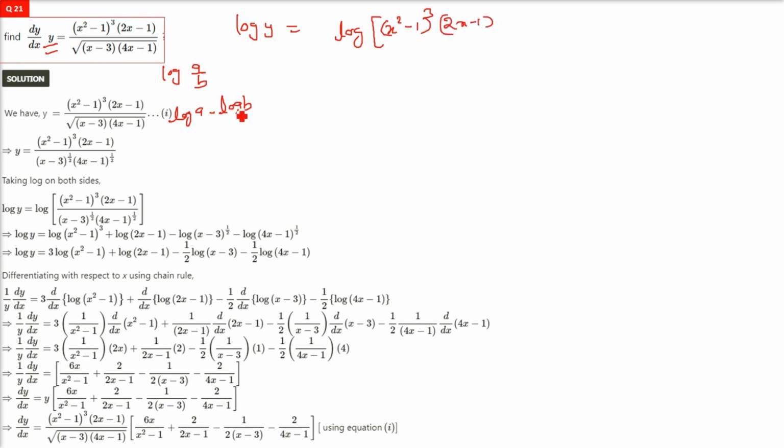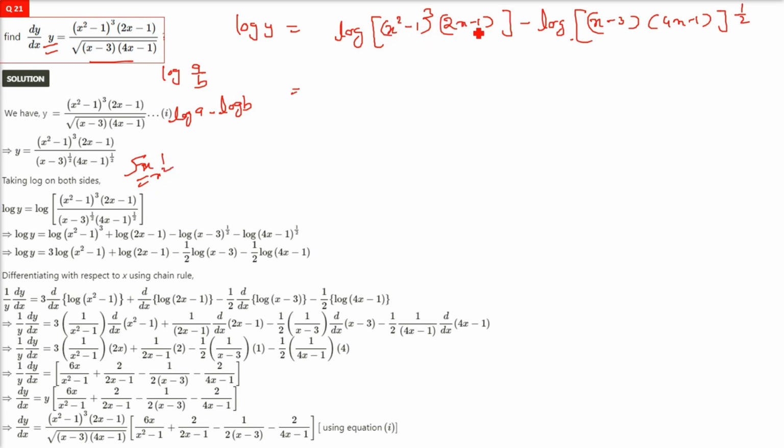This is the first part, the log a part. Minus log b part. What is the b part? This is x minus 3 into 4x minus 3. And since it is under root, it is to the power half. You know already that root x will always be x to the power half.